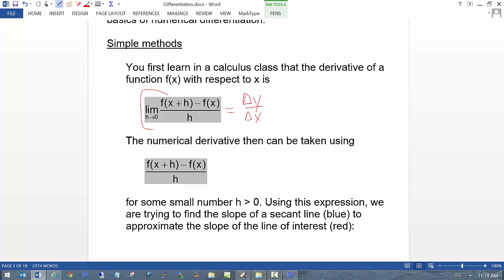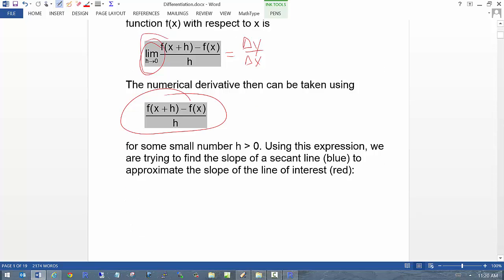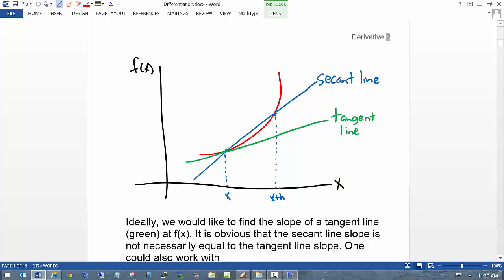Now, the numerical derivative is essentially the same, but we do not do the limit part. We pick a particular small value of h that's greater than 0, and then evaluate this expression. On page 2, we have a nice little diagram that shows what's going on.